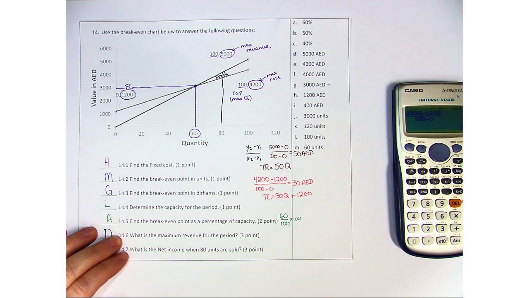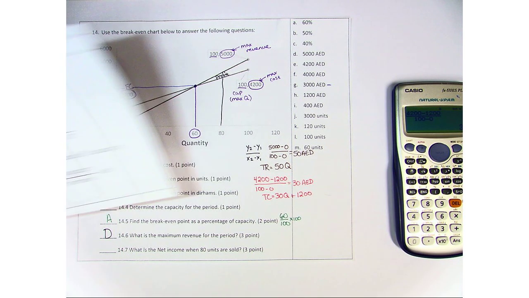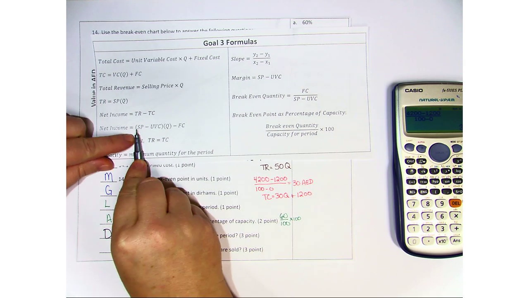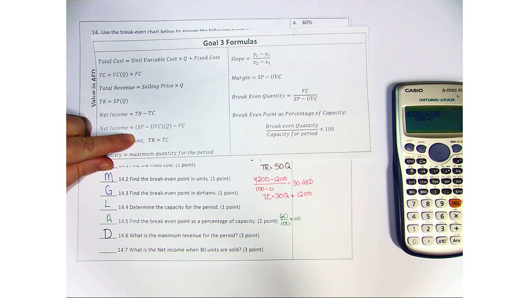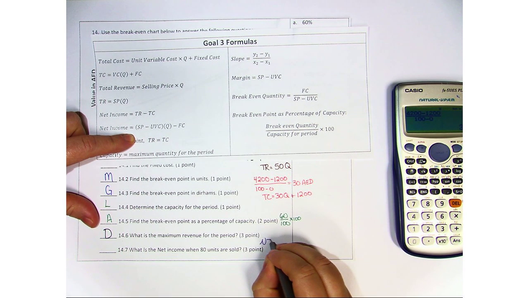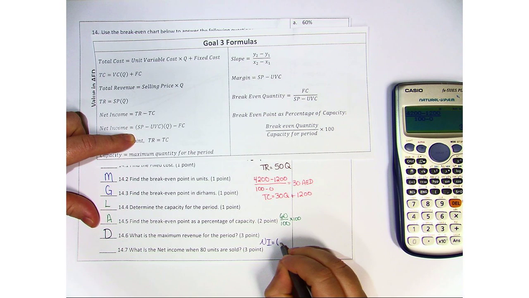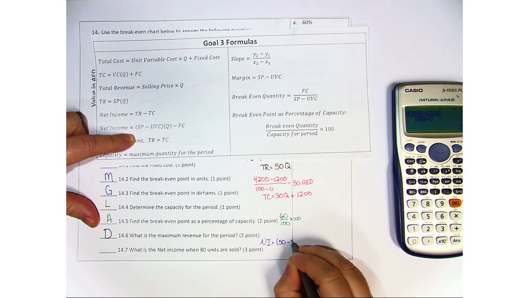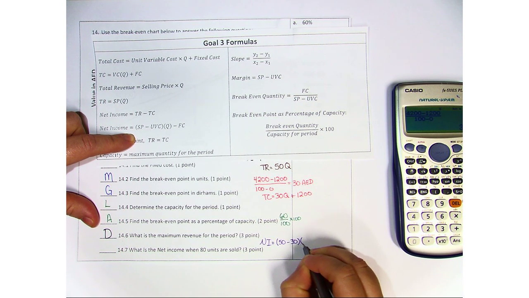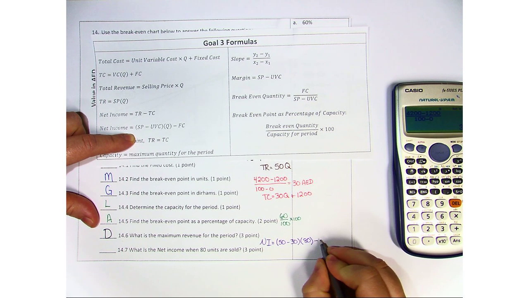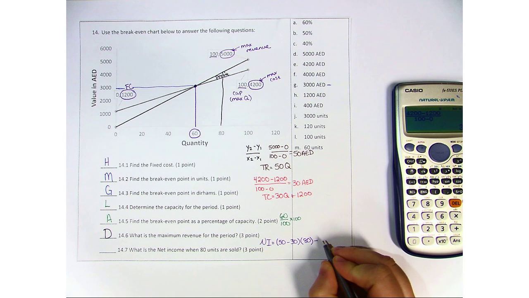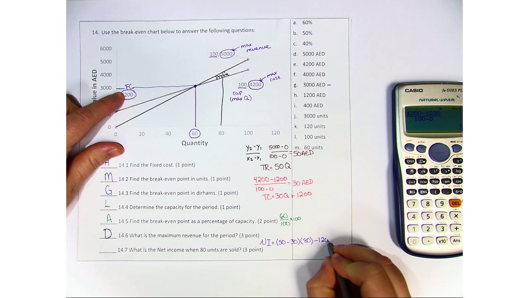1,200. Now to find the net income when 80 units are sold. So in order to do net income, we have to look back at a formula: selling price minus unit variable costs times the quantity minus the fixed costs. So net income. We're going to take 50 minus 30 times our quantity of 80 minus a fixed cost, and if we look back at our chart, the fixed cost was 1,200.